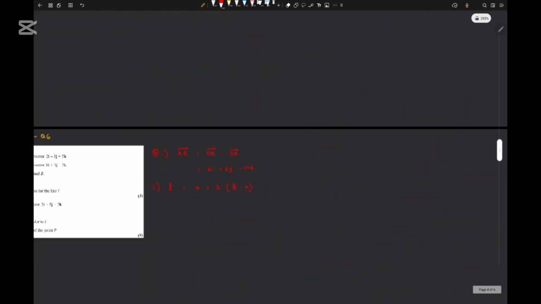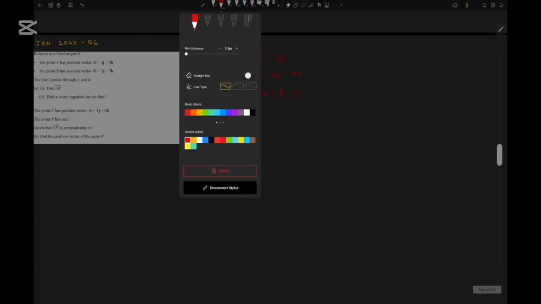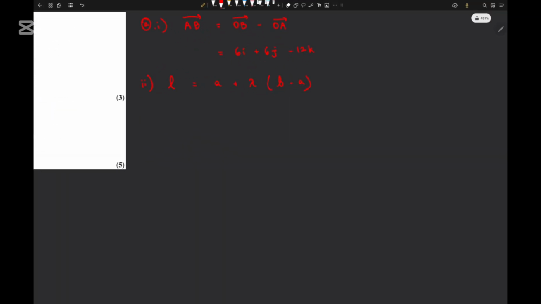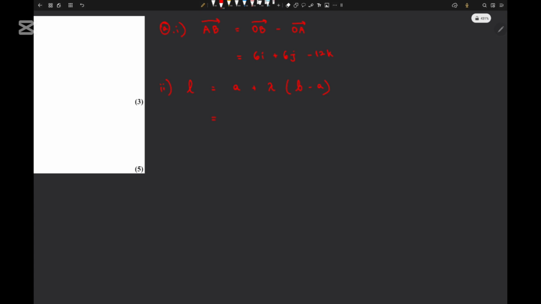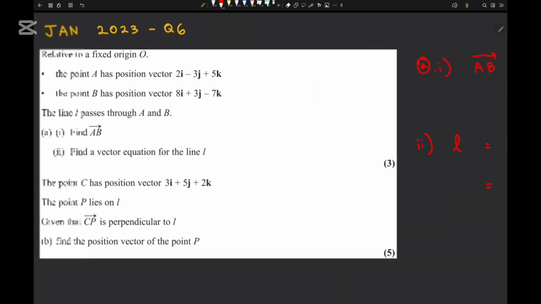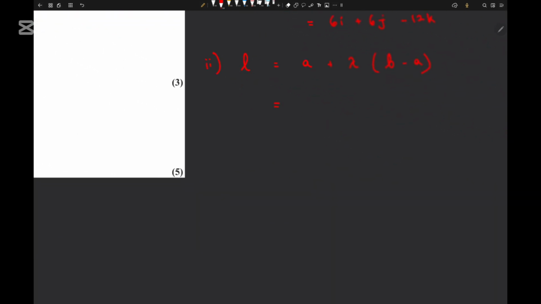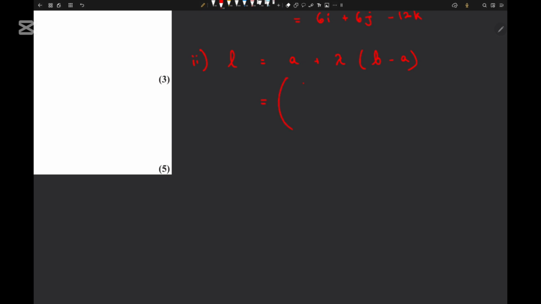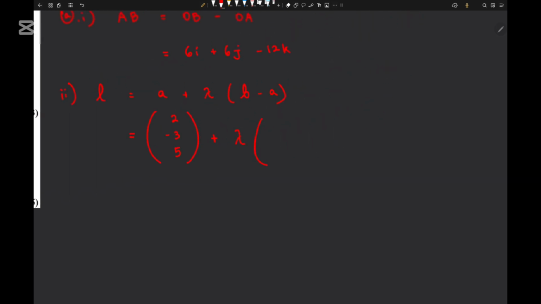So let me just demonstrate how to write this. First of all, the OA vector is (2, -3, 5), plus lambda times (B minus A).